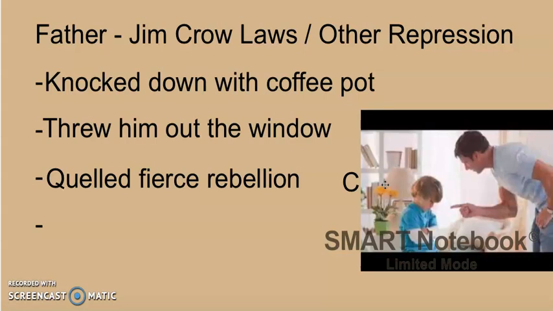So the wife may have protested the laws, or other parts of the government may have protested the laws, but they really didn't have dominion over the people that were making these laws. So whatever rebellion any other person or government agency had, it just didn't help at all.